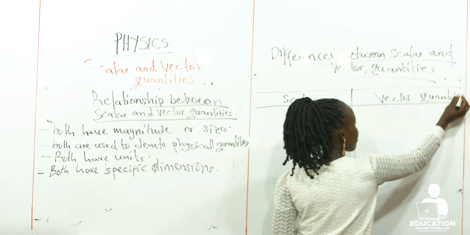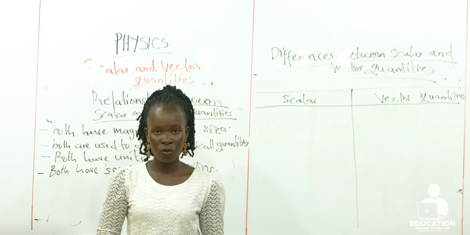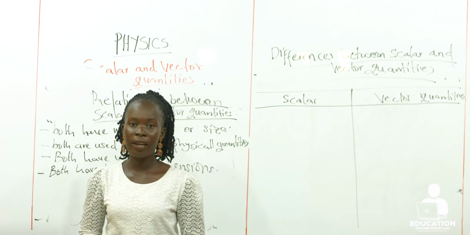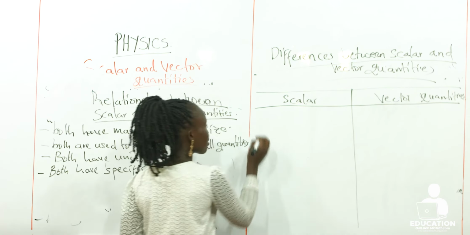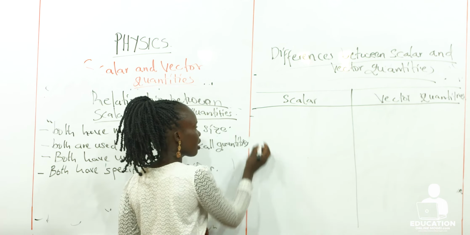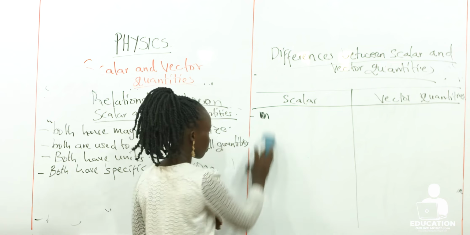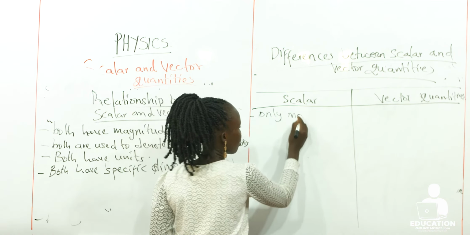One of the difference comes direct from the definition of the two. We said one has the magnitude only and the other one has magnitude and direction. So we have the scalar. The difference here is it has only magnitude.